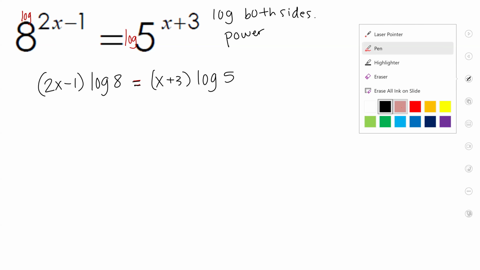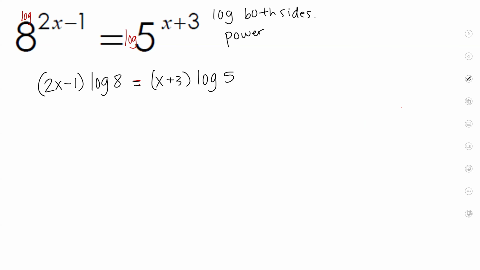I'm gonna do it maybe the easiest way. Guys, log of 8 and log of 5, those are just numbers. You can type that into your calculator and it will give you a number, okay? So think of these as numbers, they're constants. So I'm gonna divide this side by log of 8. And I'm gonna divide this side by log of 8.